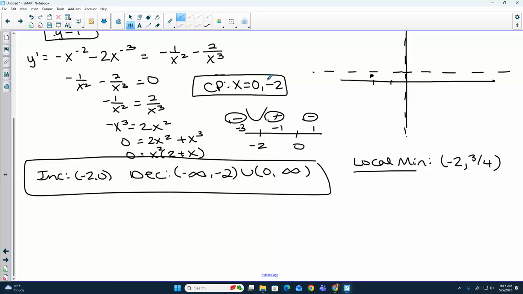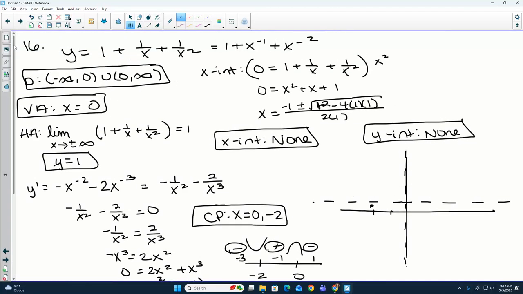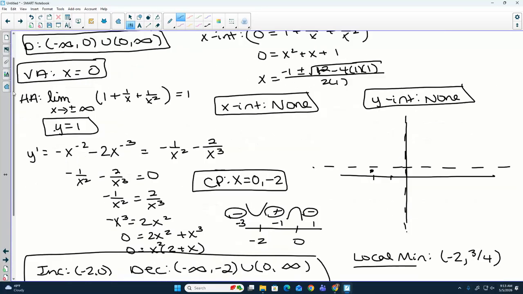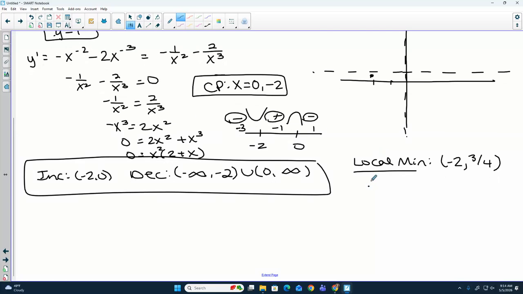But when I plug in 0, 0 went from increasing to decreasing, so it should be a max, but what happens when you try to plug 0 in up here? You can't, so that means there isn't a local max, because that point is undefined.